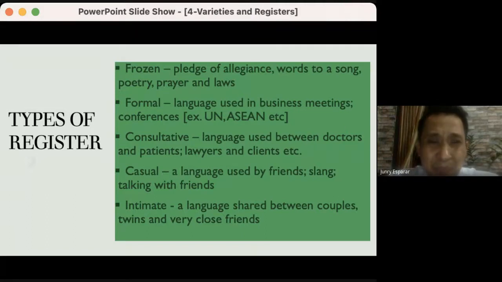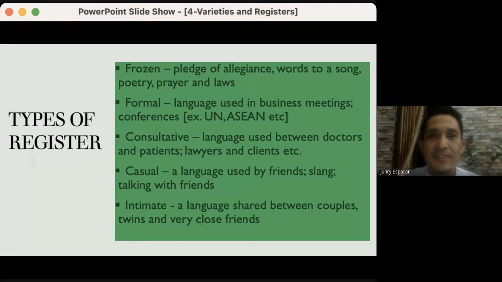Okay, so we have five types of register. One is frozen, another is formal, third is consultative, fourth is casual, and fifth is intimate. Frozen register is used when you are making a pledge of allegiance, words to a song, poetry, prayer, and oath.